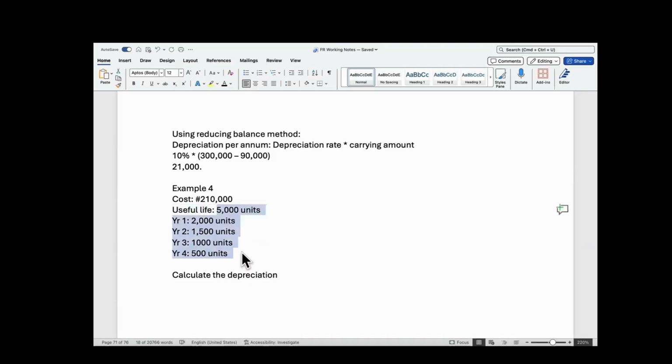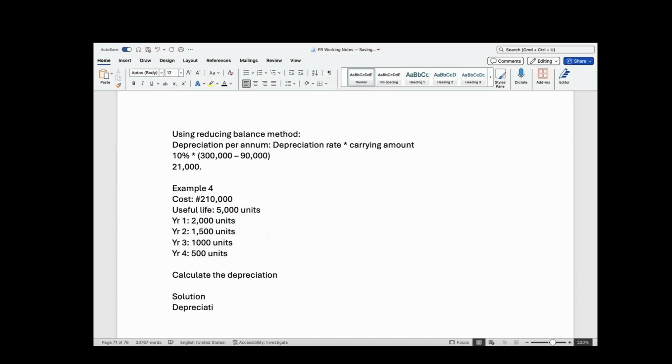If you can know that the total units this asset can generate is 5,000, and you can foresee how many units you can do each year, then fine, good to go. You should be able to use that to allocate your depreciation. So how do you do this?